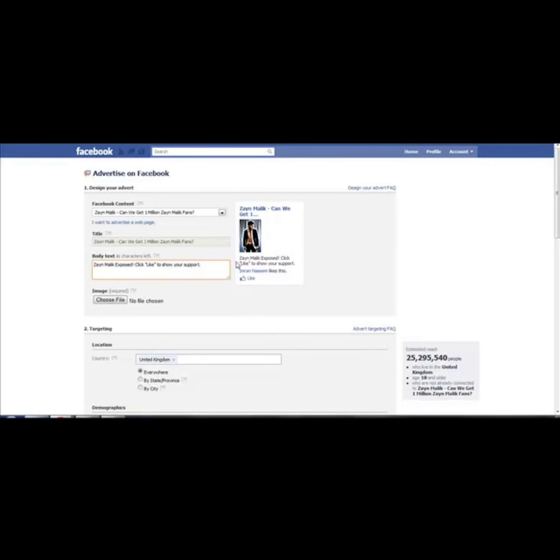The fact that I put like is a call to action, so already people are going to like this. The advert is pretty controversial because there's a curiosity element in the ad. Zayn Malik exposed. People are going to wonder what this is all about, and they're going to click like.